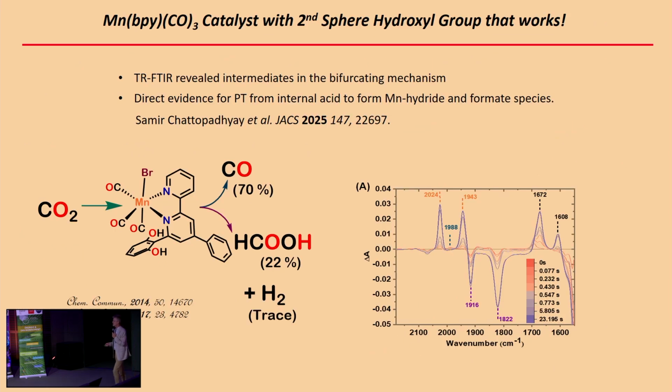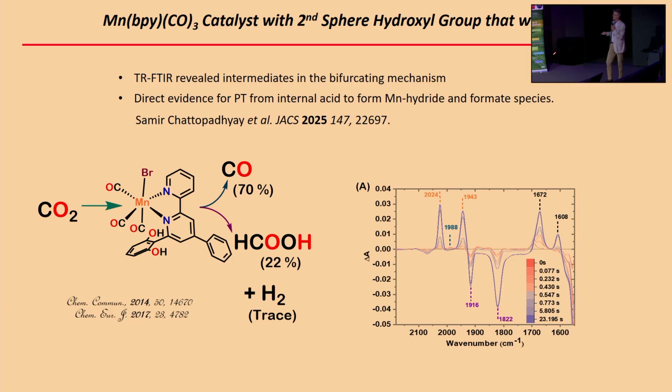More recently, this was in the summer, we worked on a system that actually does work. So these OH groups in the coordination sphere of a manganese tricarbonyl bipyridine complex for CO2 reduction. Interestingly, this makes both CO and formate. And our postdoc, Samir Chattopadhyay, could find several intermediates in this mechanistic cycle, including the ones on the pathway going to formate.